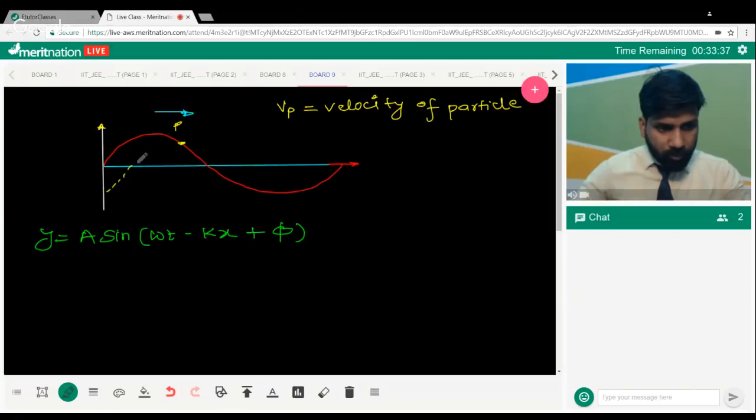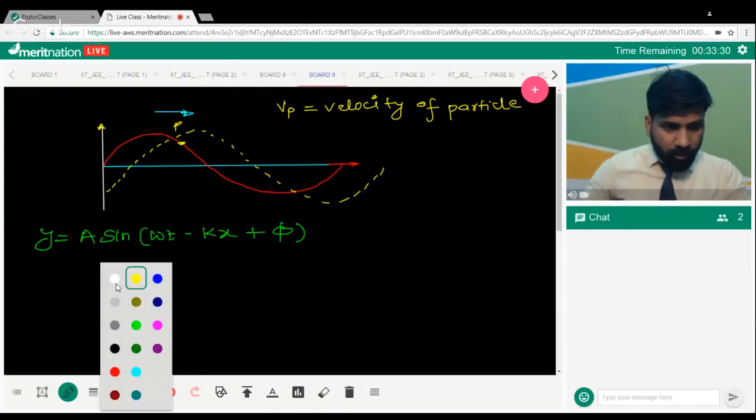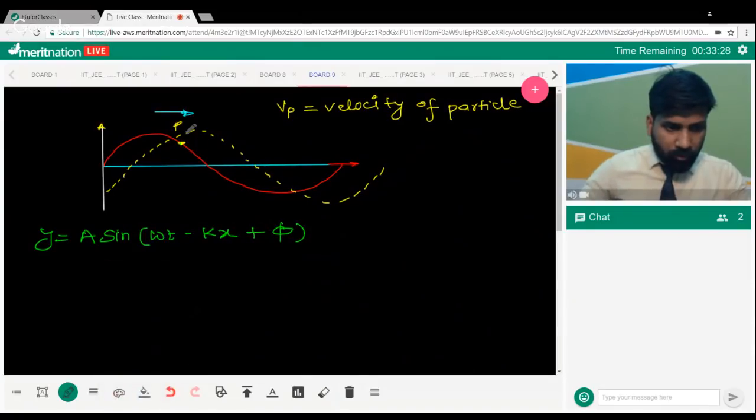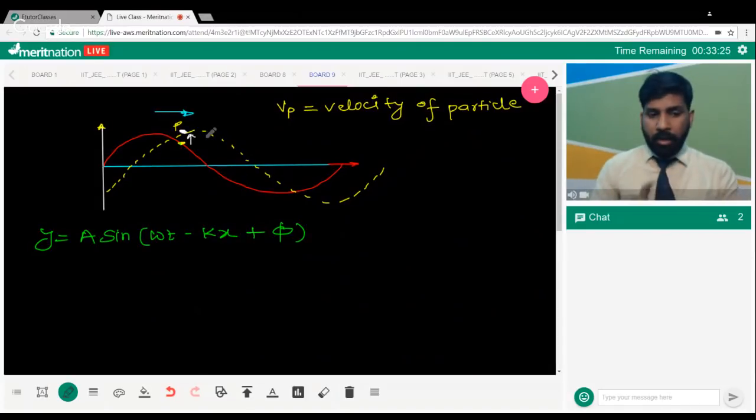This will be the situation. Now you can see P point is here. It means this particle is moving in upward direction, because these particles are vibrating in vertical direction. So either they are moving in upward direction or downward direction. This is one of the easiest ways to get the direction of velocity of particle.